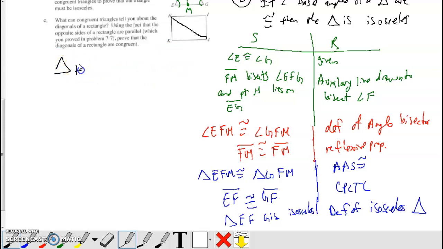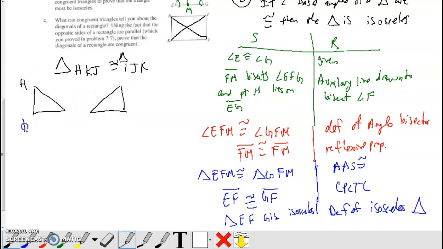I'll help you out with this. Prove that angle HKJ is congruent to IJK. My suggestion is to make it look like two different triangles, so draw it out like this and like this.